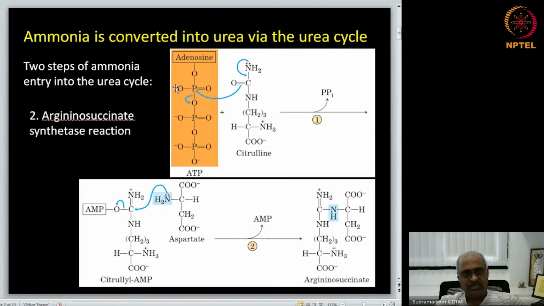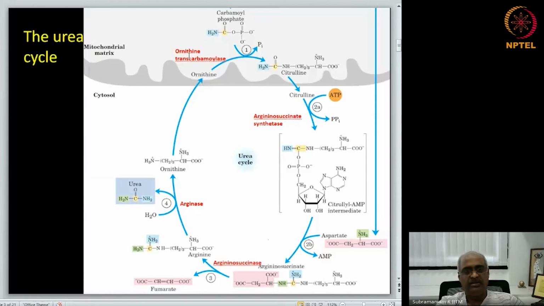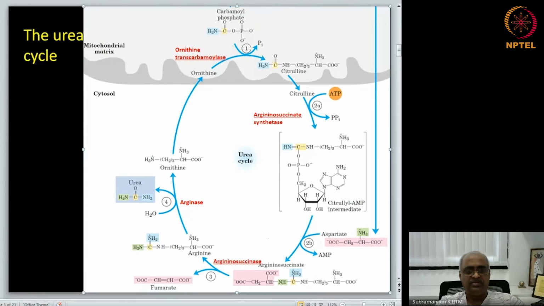But you see here, you're going to have two acid groups, inorganic acid groups available that could form ester with another hydroxyl group in the ribose of adenosine, right? Yeah, so here you have ribose.